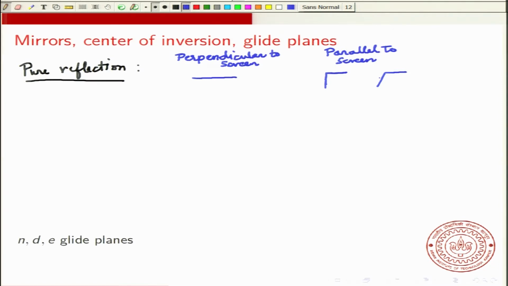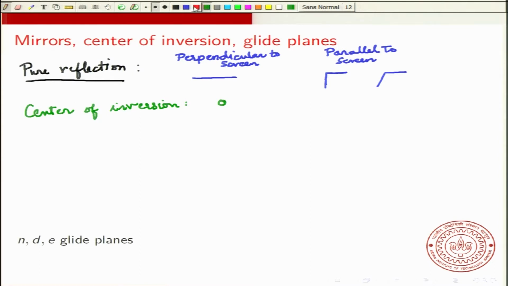Then what else can you have? You can have a center of inversion, and that is unique. The center of inversion is just denoted by an empty circle.